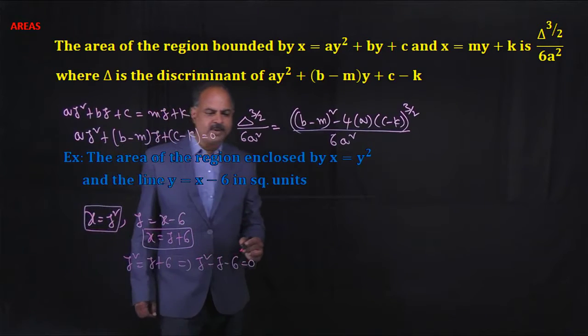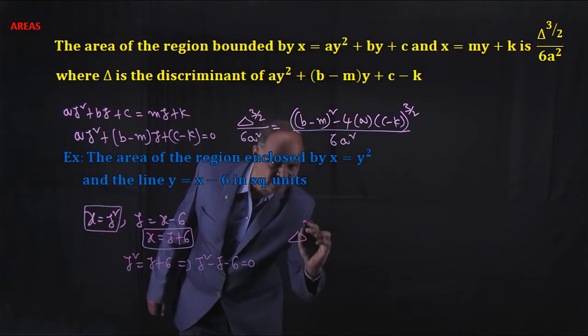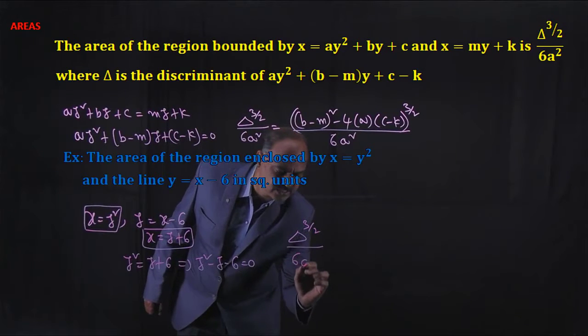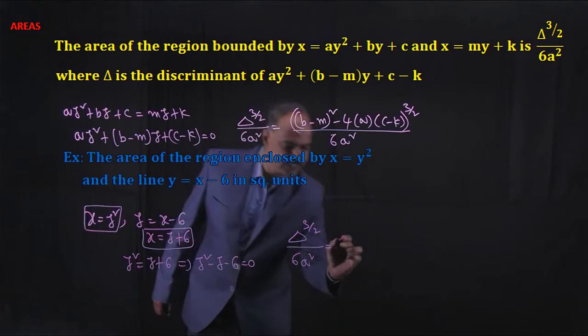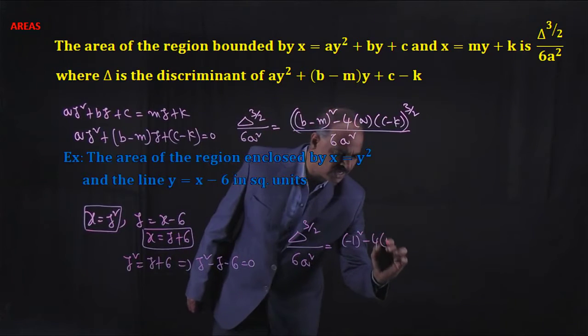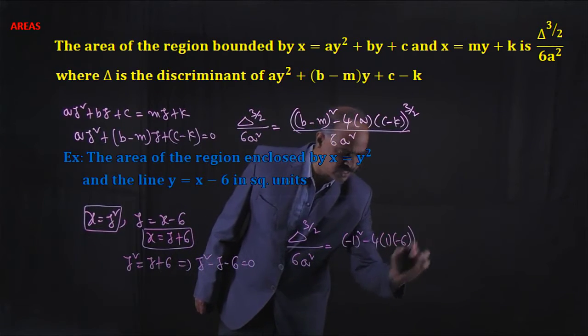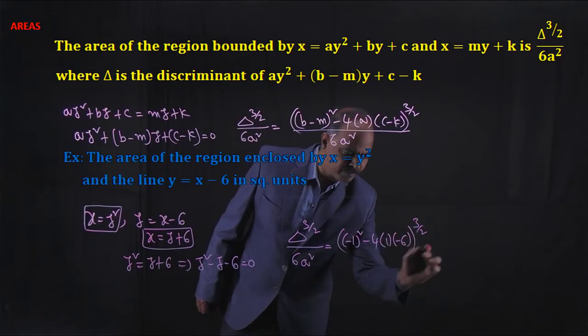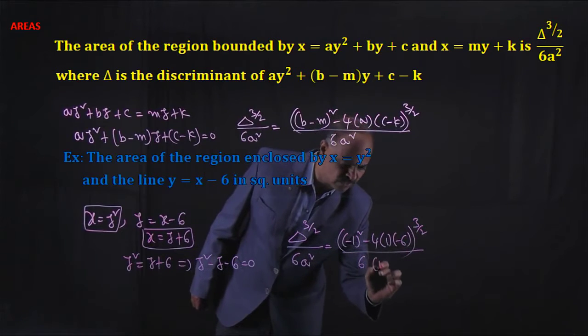Write Δ^(3/2)/6a². That is (−1)² − 4 into a = 1 and c = −6, whole power 3/2 by 6a², that is 1 whole square.